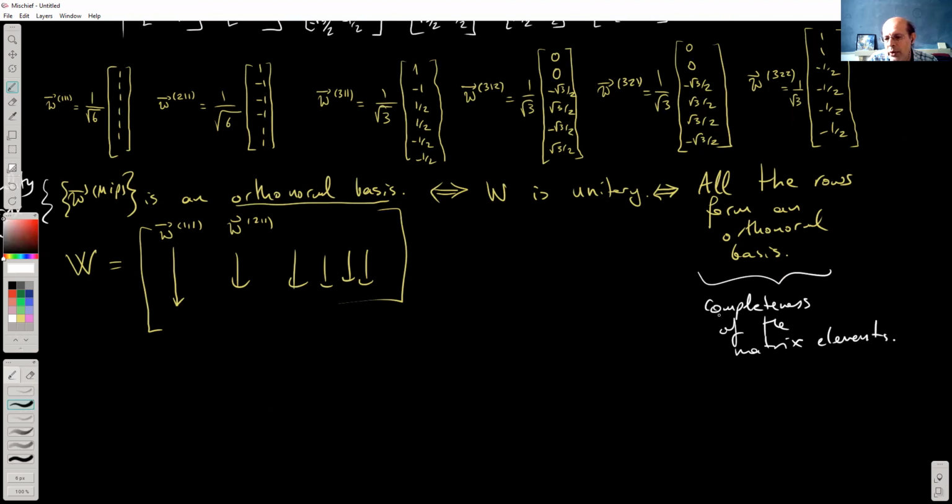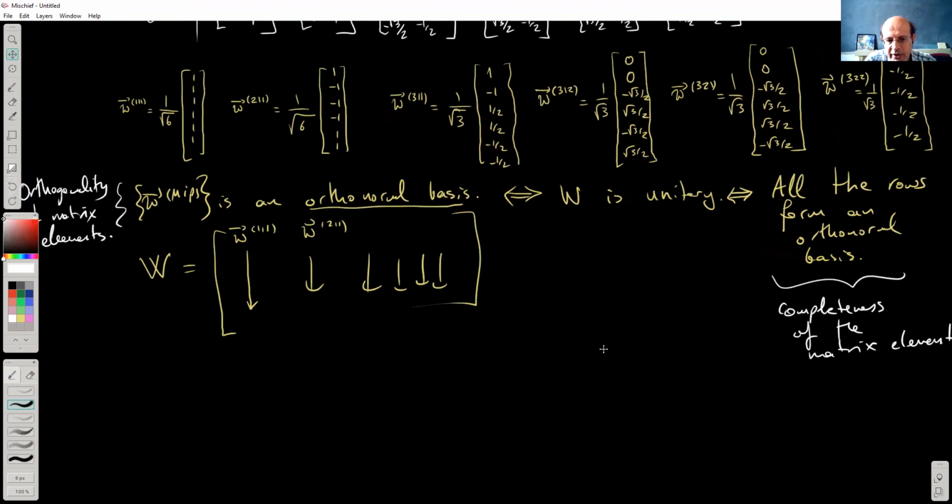Why do we say completeness? Because you can only state this if this is actually a complete orthonormal basis. Only in that case, but we are going to prove that this is the case later.